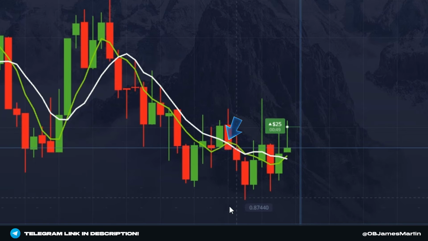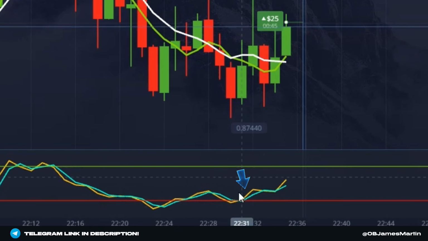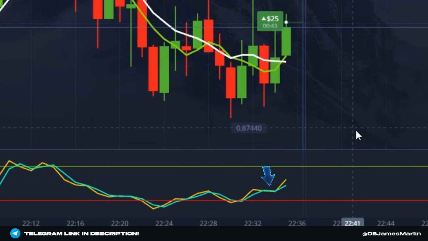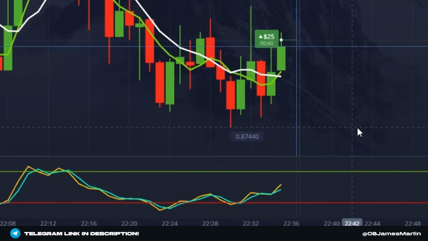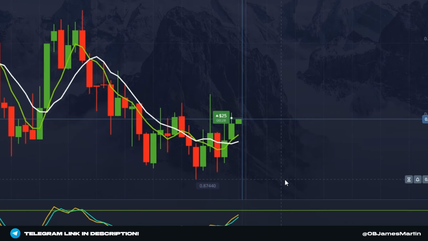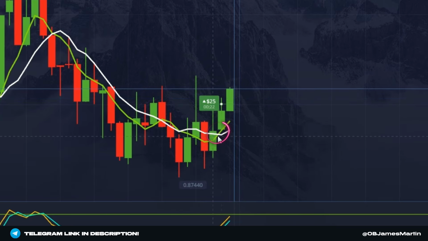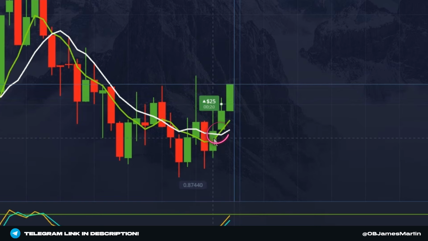All right. So guys, in this strategy today, I pay the main attention to the lines of the stochastic oscillator, first of all, and the direction they're moving, up or down. But I take into account the fact that these lines must cross each other and then move in a specific direction together. Also, the green line and the white line of both moving averages should cross, like the MACD.